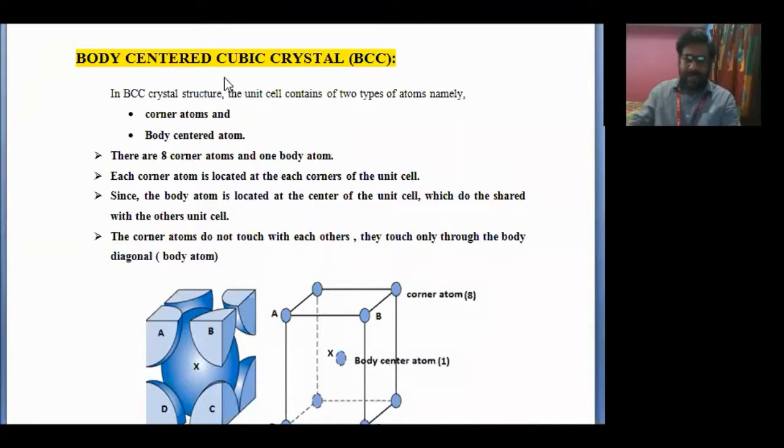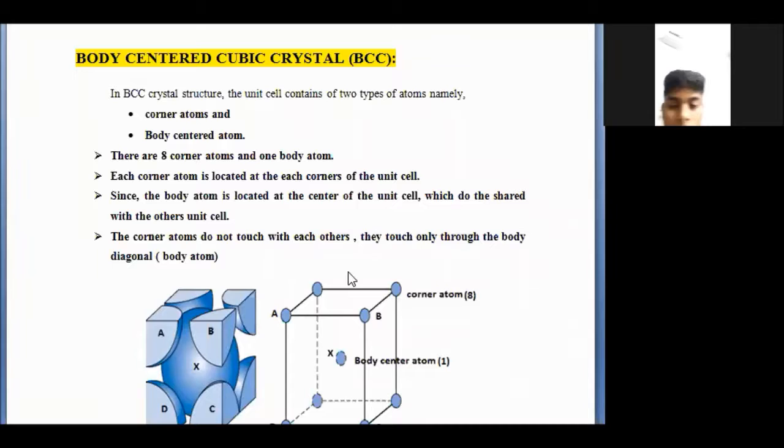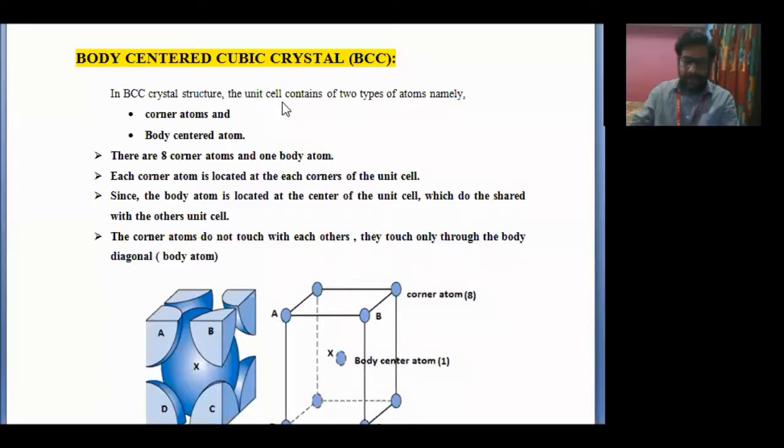To study the structure of the body-centered cubic crystal, we are going to consider a unit cell. In a unit cell of the BCC crystal structure, there are two types of atoms, corner atom and body-centered atom.